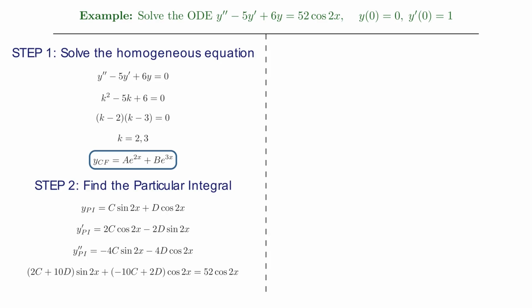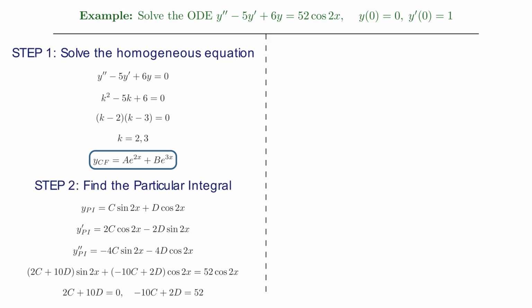On the left we have 2c + 10d, and on the right-hand side we have 0 sine. Therefore 2c + 10d = 0. Comparing the coefficients of cos 2x, this gives us that -10c + 2d = 52.